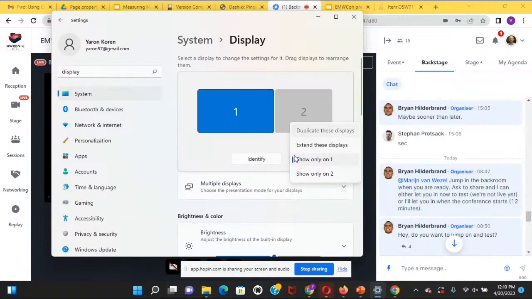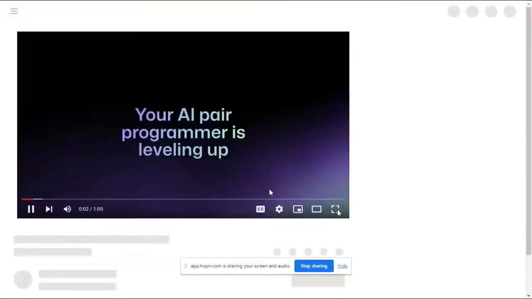A little bit about GitHub Copilot X. Are you able to see it on Hopin? I'm seeing it backstage. Okay. All right. Can you share it?